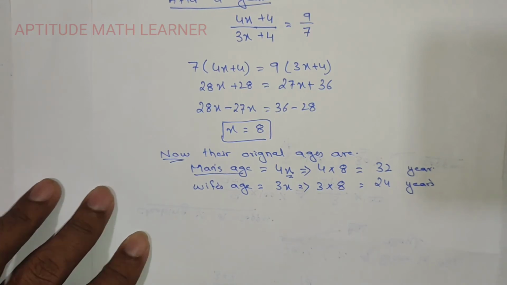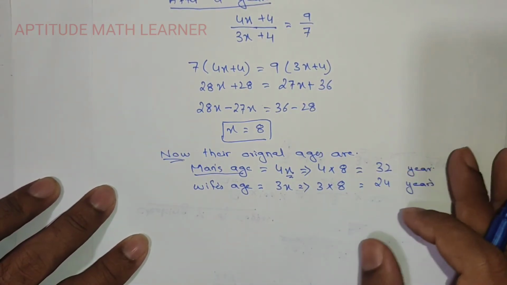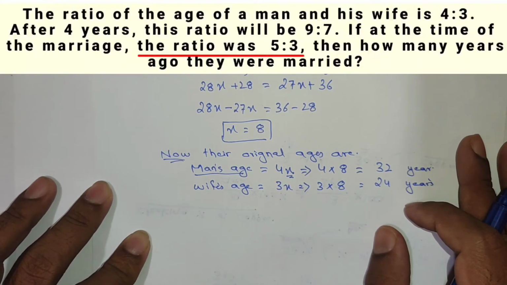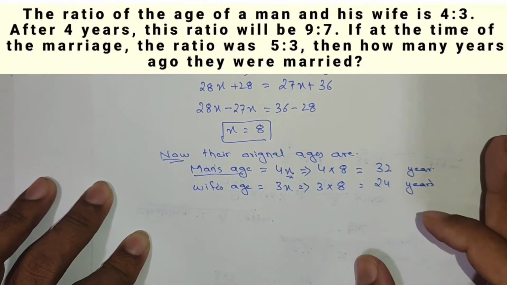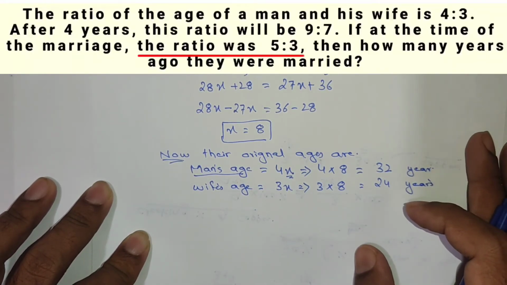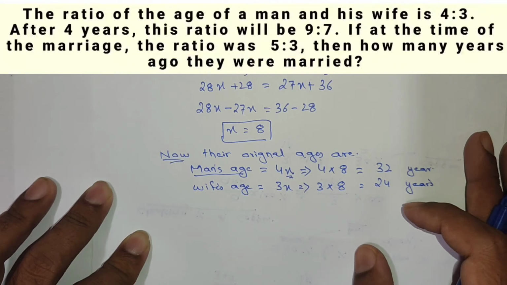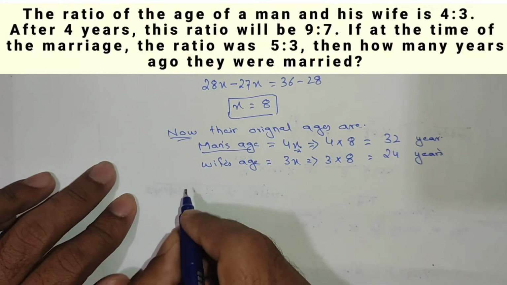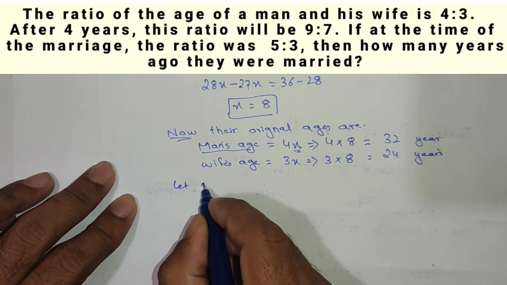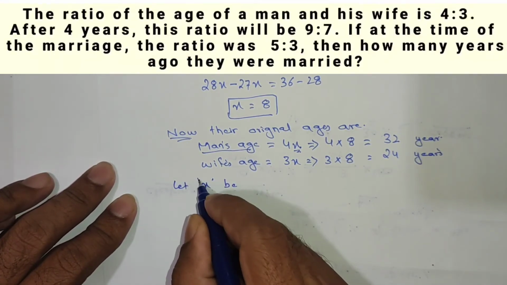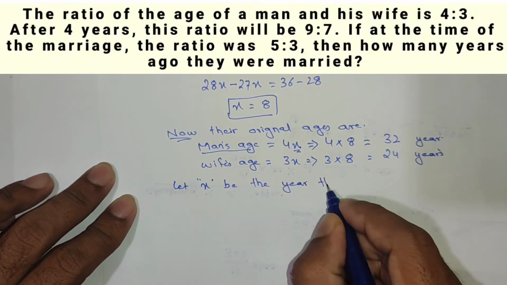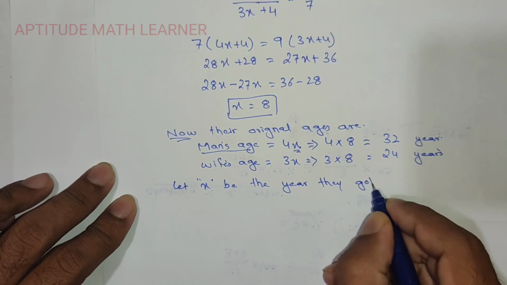If you look at the second part of the question, it asks: if at the time of the marriage the ratio was 5:3, meaning when they got married, then how many years ago were they married? So we have to find how many years ago they got married. Let x be the number of years ago they got married.